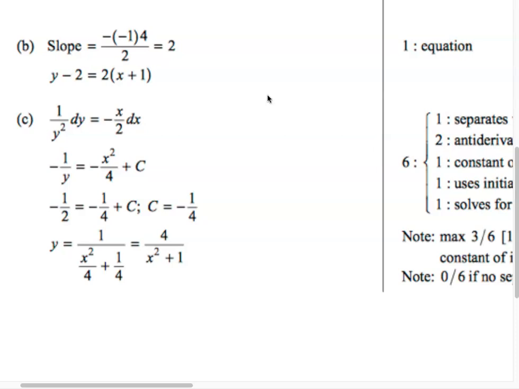Y'all comfortable with that? Luke, how you doing? You're good? Okay. So now you have to solve for C. If you solve for C when it looks like this, you get -1/4. So if I put my -1/4 in, I have negative 1 over y equals negative x squared over 4 minus 1 over 4.